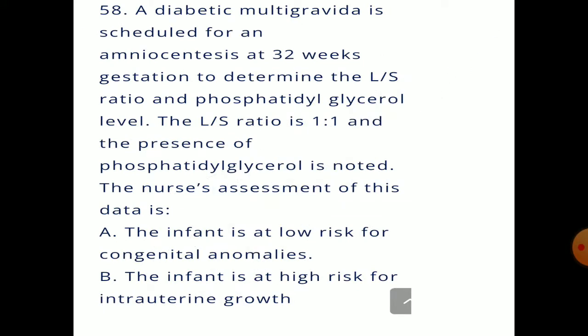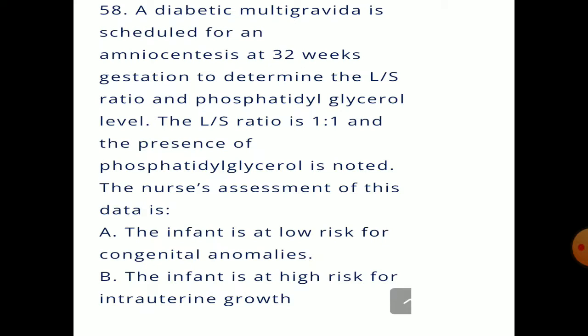Question number 58. A diabetic multigravida is scheduled for an amniocentesis at 32 weeks gestation to determine the L/S ratio and phosphatidylglycerol level. The L/S ratio is 1 to 1 and the presence of phosphatidylglycerol is noted.